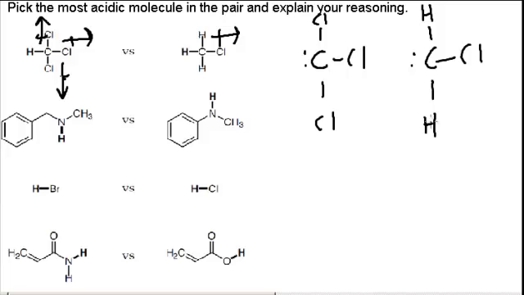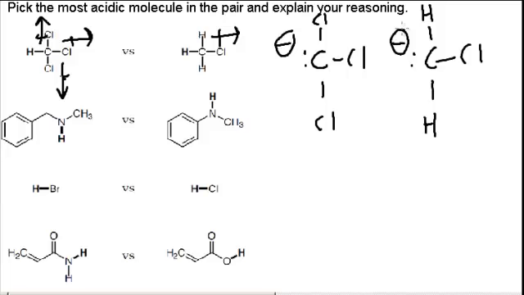Now some of you may have already been thinking as I was drawing this that carbon has 3 bonds and a lone pair. Since carbon only has 4 valence electrons, that must mean this carbon is negatively charged, as well as this carbon. So these are the conjugate bases of those two molecules.